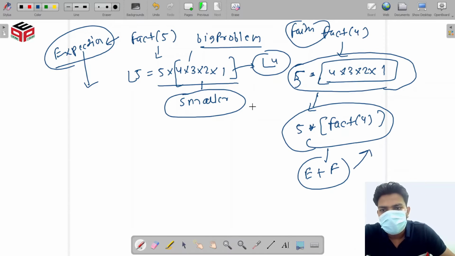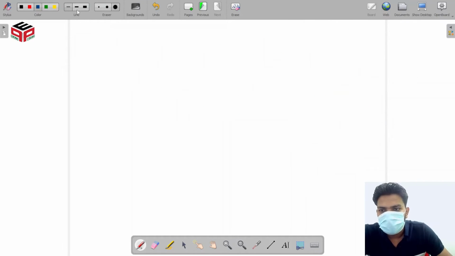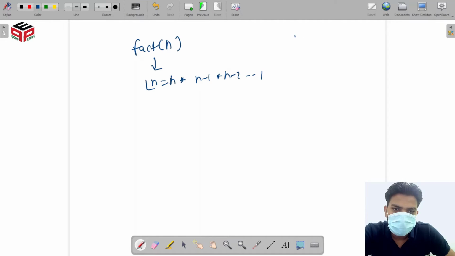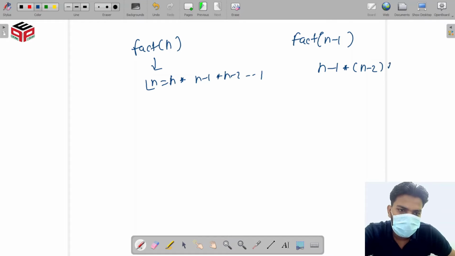So in general, what do we have to do? In general, our factorial n is expected to calculate n multiplied with n minus 1, multiplied with n minus 2, till 1. And our faith is that factorial n minus 1 will know how to calculate n minus 2 till 1.